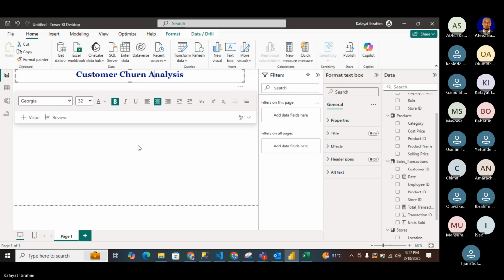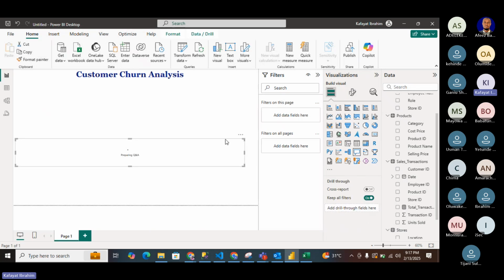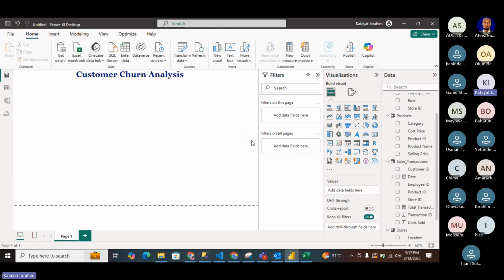Okay. So let's look at how we can get some of this stuff. The first one is average transaction by customer. How can we generate this? Can anybody give me some overview of it?